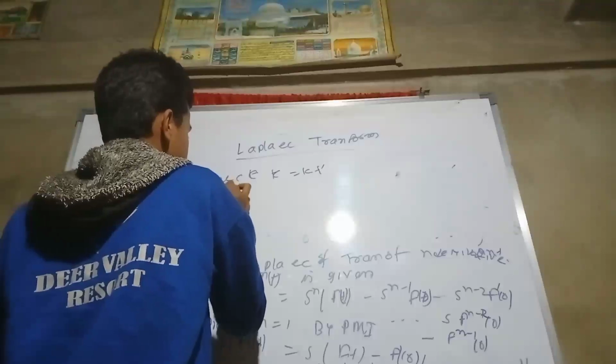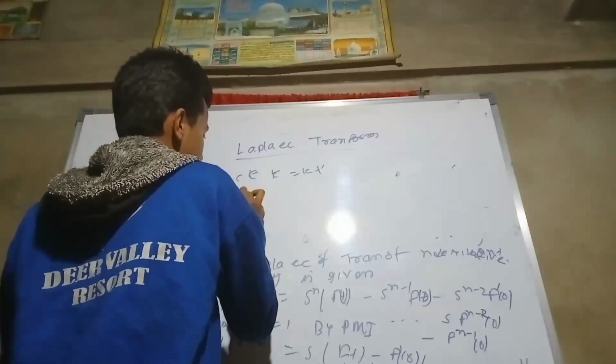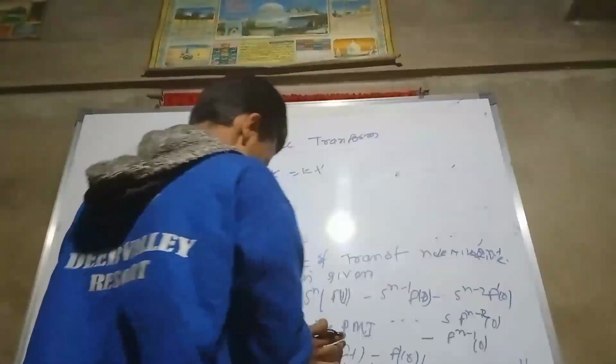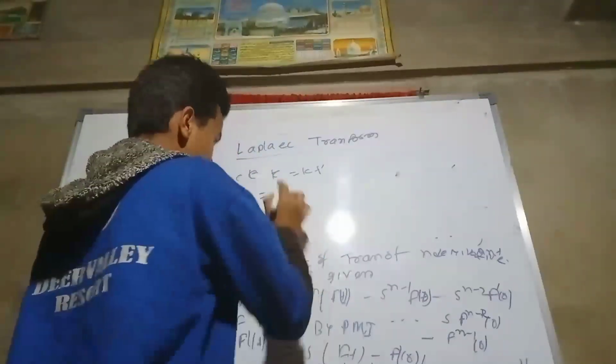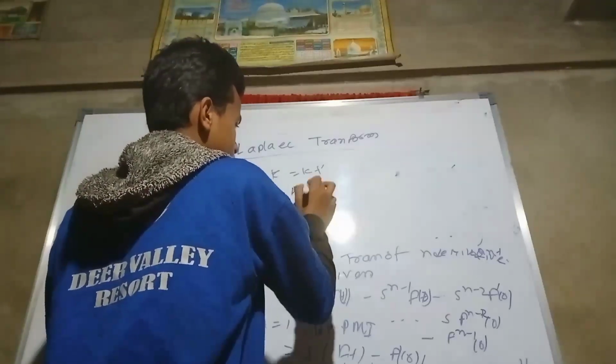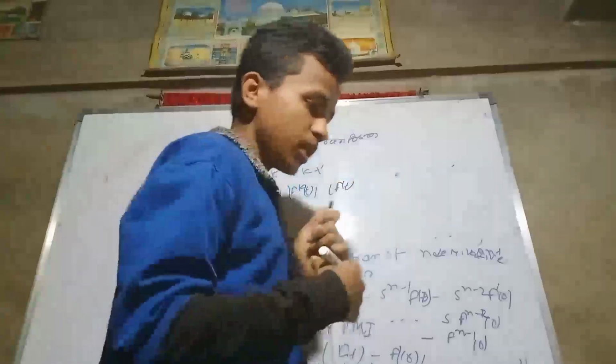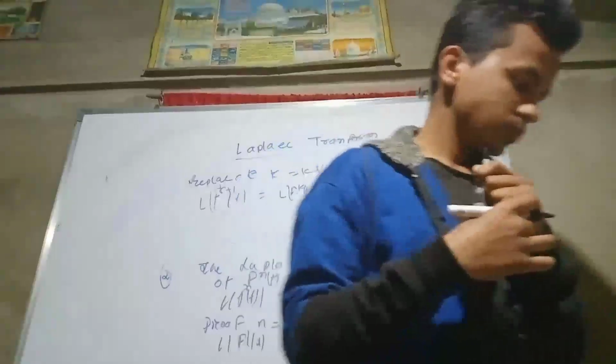You get the Laplace transform of f^(k+1)(t) will be what? You will multiply this. Okay, that is given by the Laplace transform of f^(k), s times the Laplace transform of f(t).